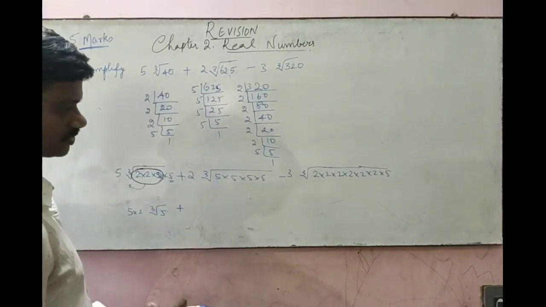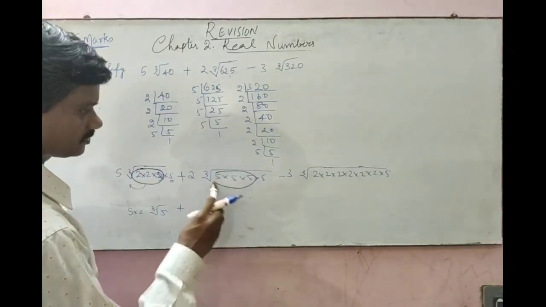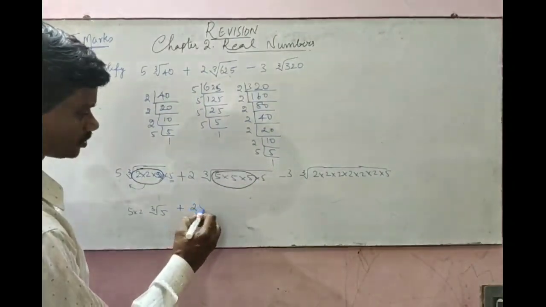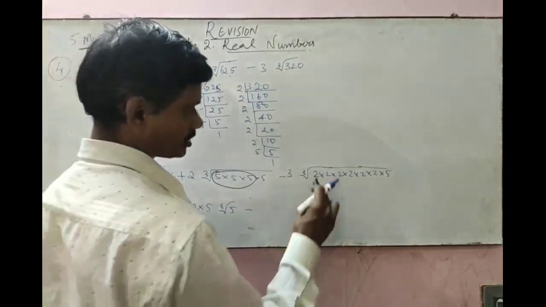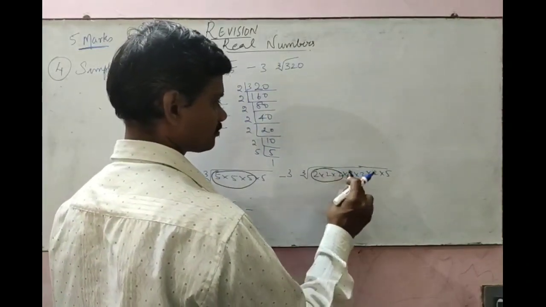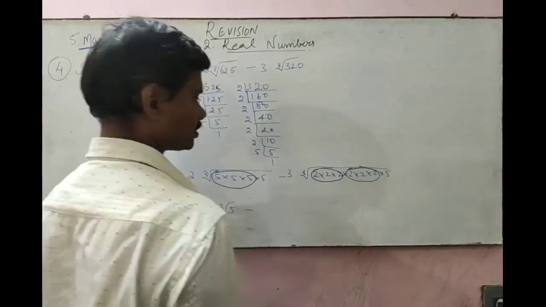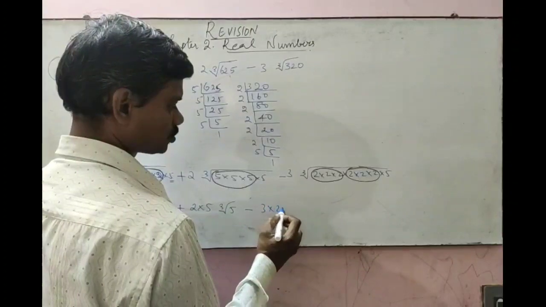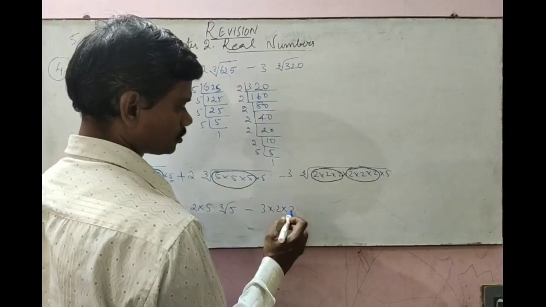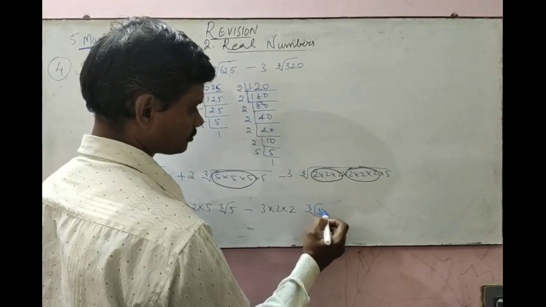Here we have 3 fives. For 3 fives I am going to take one 5 outside. 2 into 5 cube root of 5 minus, here we have 2 pairs of 2, a triplet of 2's. So 2 into 2 minus 3 into 2 into 2 cube root of 5.